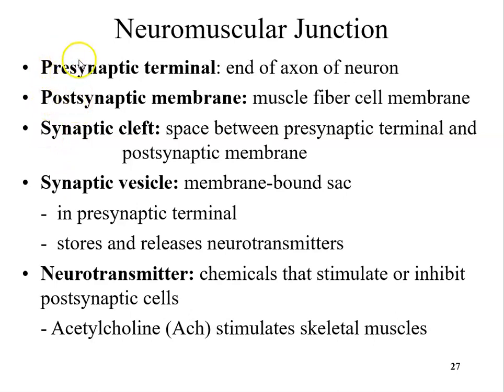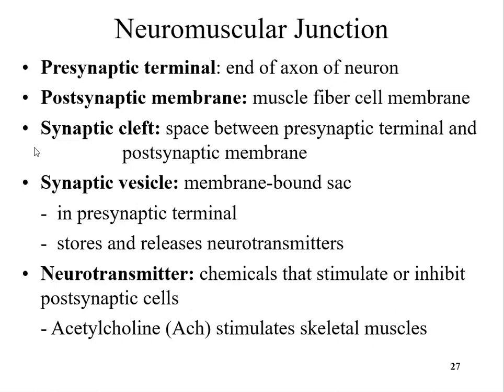These two cell membranes, the axon cell membrane of the presynaptic terminal and the sarcolemma cell membrane of the postsynaptic membrane, are separated by a very narrow space called the synaptic cleft. This means that the axon and the muscle cell don't actually physically touch, and this maintains a level of control to the nervous system.